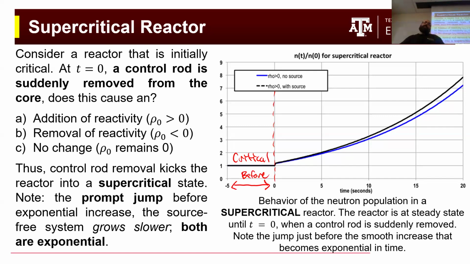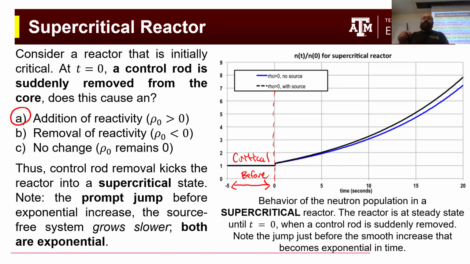And so that's exactly what we would think, that the control rod is like an absorbing material. If you take the control rod out of the reactor, you're reducing how many neutrons are absorbed into that control rod. Therefore, you have neutrons that are flying around that don't get absorbed in the control rod. Maybe they get absorbed in the fuel and then they cause a new fission. So the removal of the control rod does constitute an addition of positive reactivity.